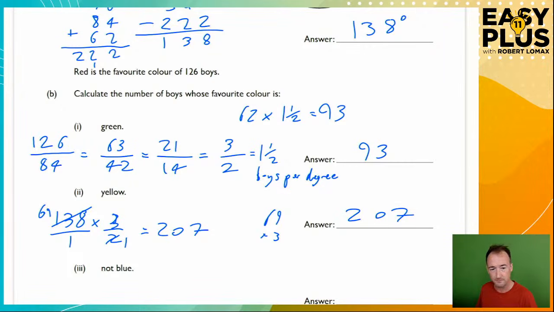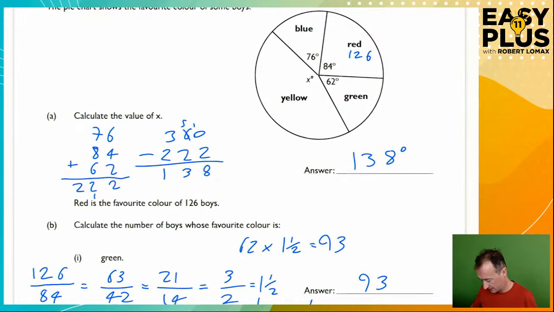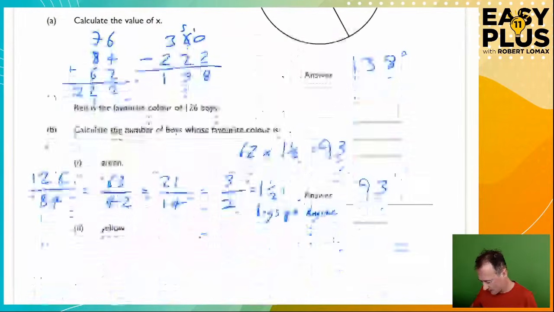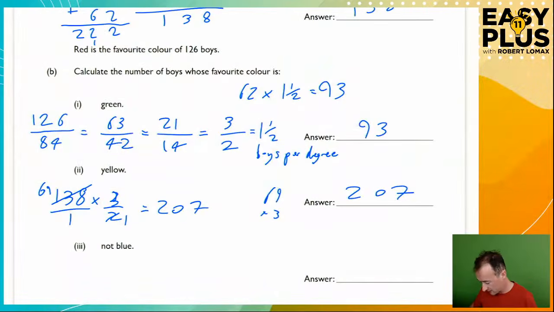Not blue. Okay. Well, do we know how many are blue? We don't yet, we haven't worked that out. So there are 2 ways to do this. One way is to find out how many boys chose blue as their favourite colour, and then work out the overall total and subtract it.